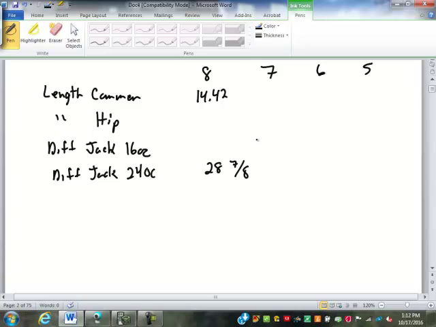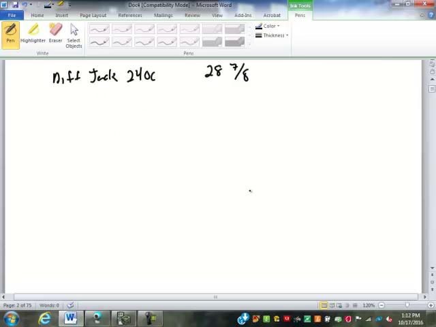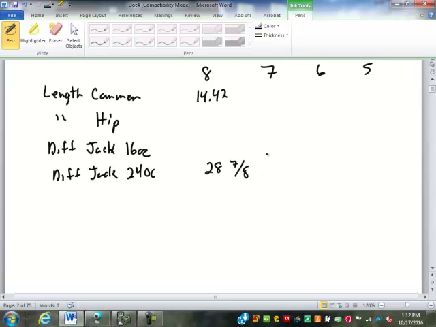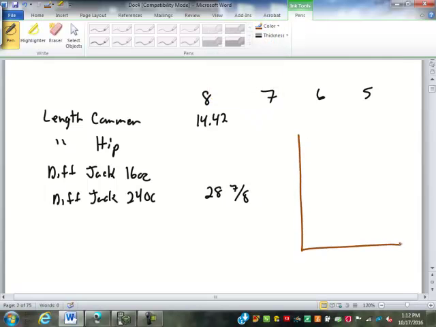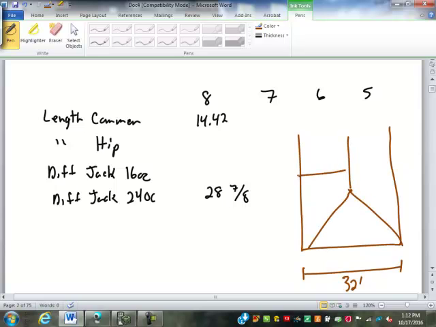So let's say I want to build a hip roof. It's going to have a span of 32 feet. I'm going to assume no overhangs right now to keep it simple. How long does this common rafter have to be? Well, what is the run of that common rafter?